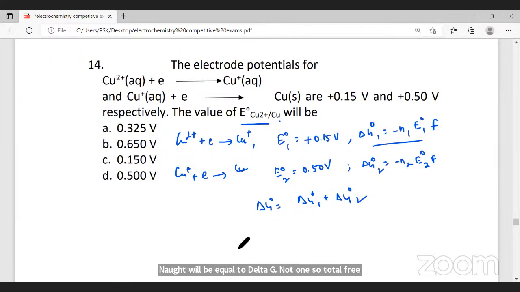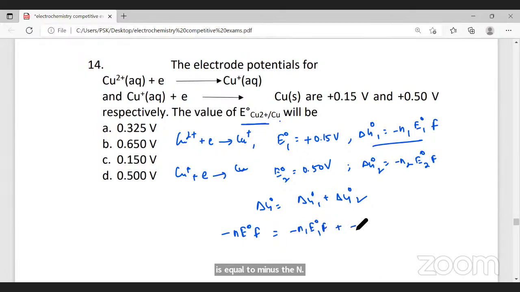So we can write minus n E naught F is equal to minus n1 E naught 1 F plus minus n2 E naught 2 F. I'm just adding these two equations. Now, n is 2, totally two electrons are there.